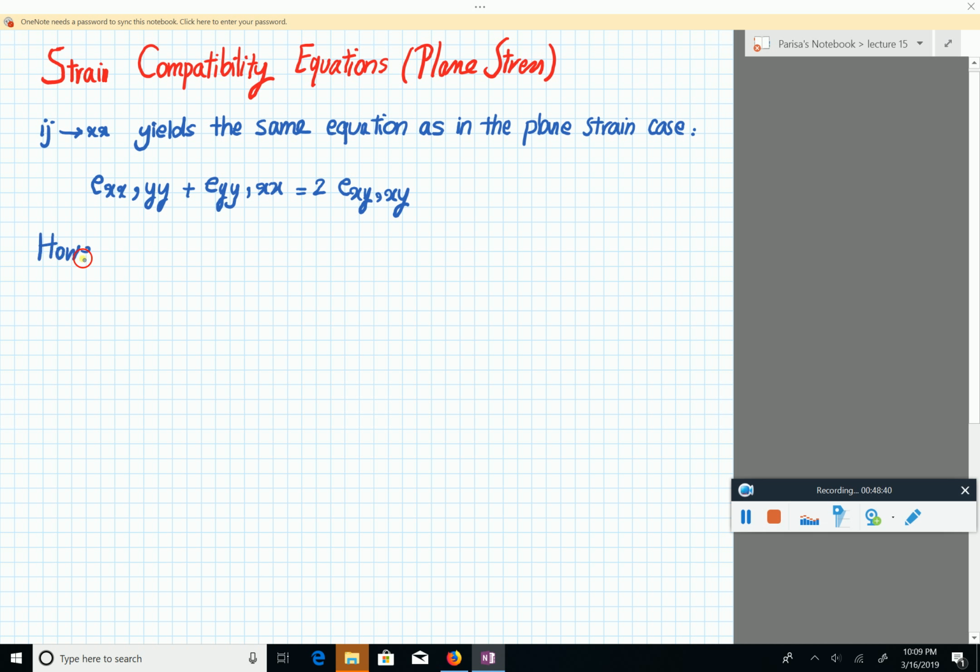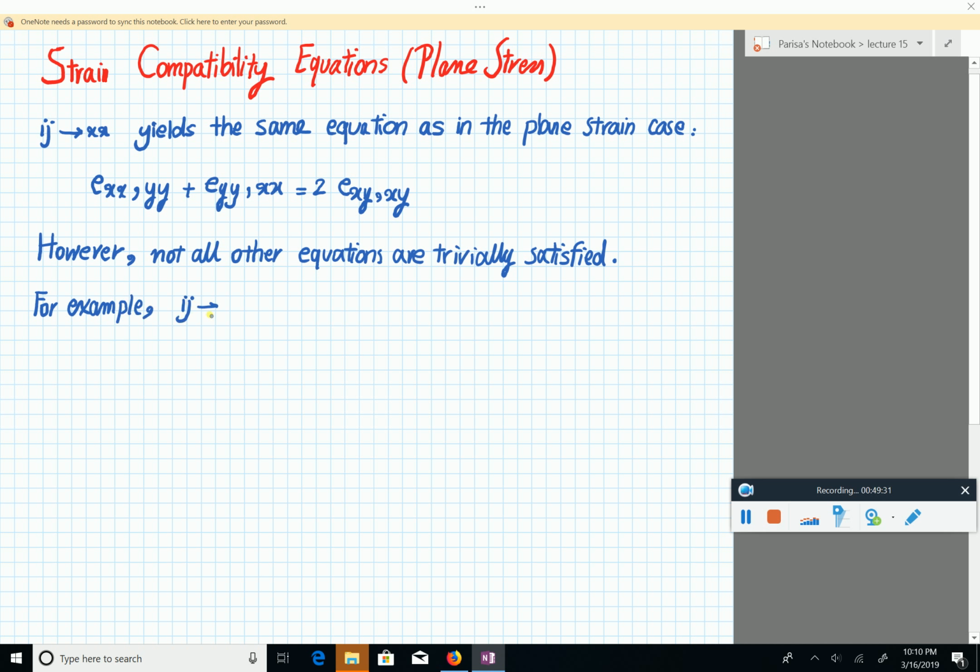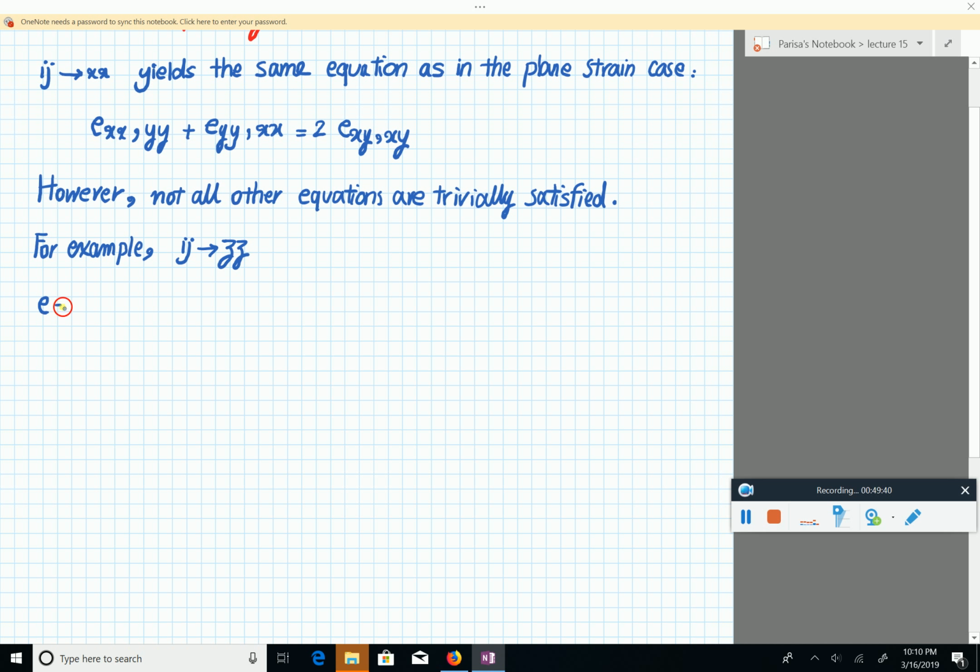For example, we are going to look at the case where ij is equal to zz.